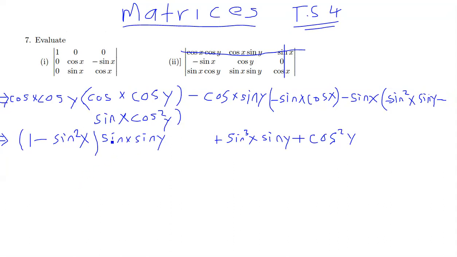So when you multiply this sine x and sine y times that one, you get your sine x sine y. Then when you multiply this times that, you get your negative sine cubed x, and then you have your sine y this side.